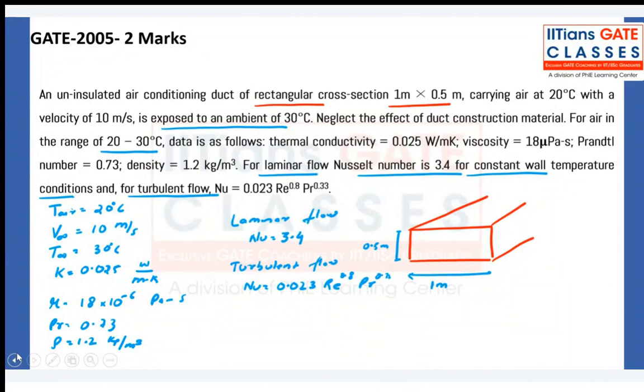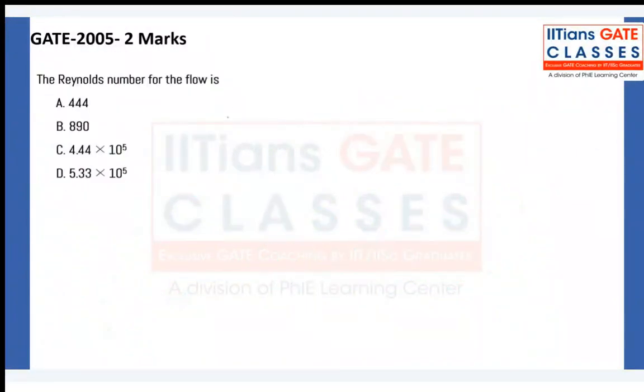So, Reynolds number is very simple: rho V D by mu. Rho we know, V infinity we know, mu we know.